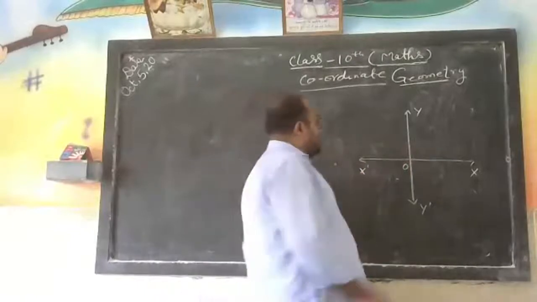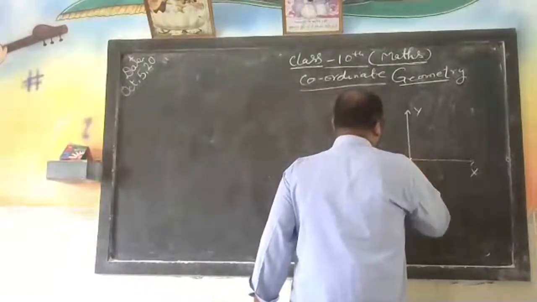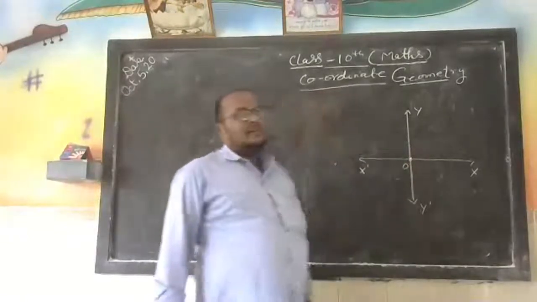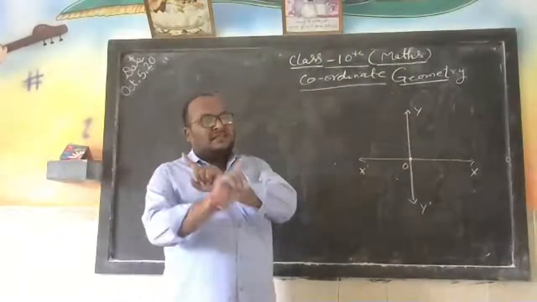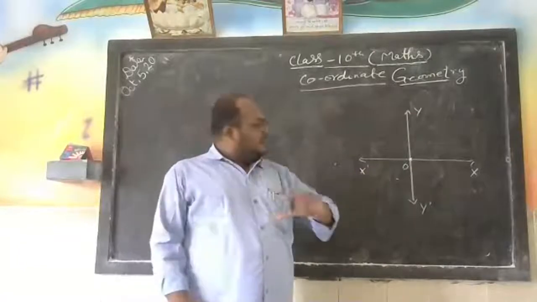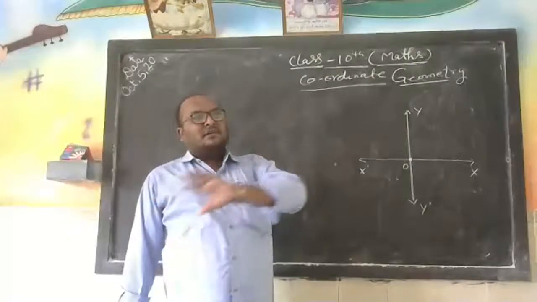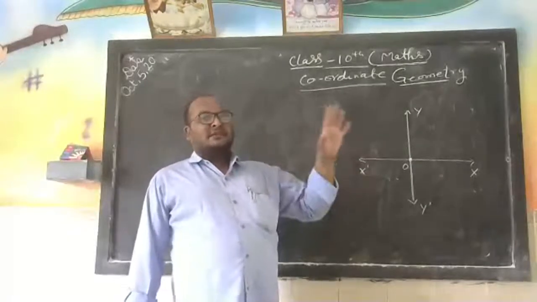When these two lines intersect each other, they create the four quadrants with various points.